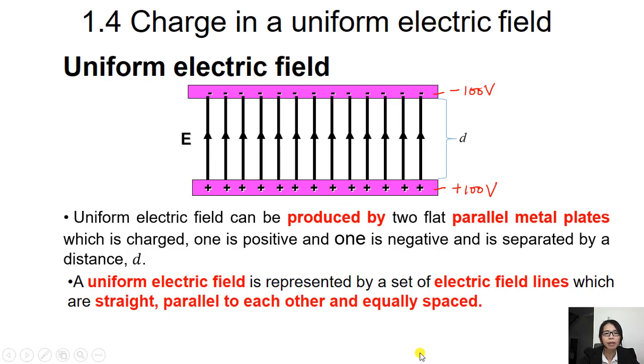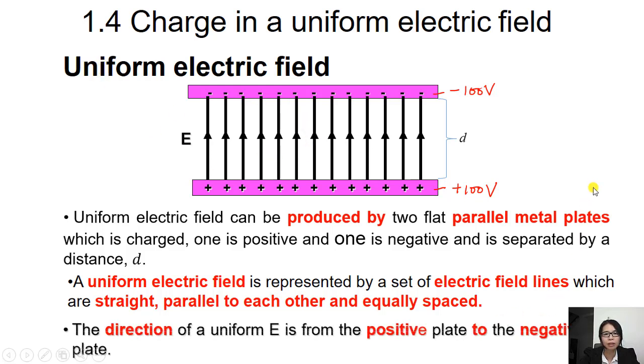So a uniform electric field is represented by a set of electric field lines which are straight and parallel to each other and equally spaced. It must be equally spaced. Why? Because we say the electric field is uniform. The direction of uniform E is the same concept as for a point charge.